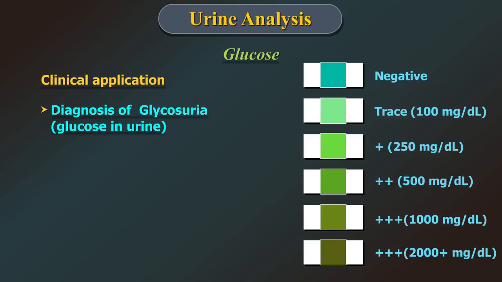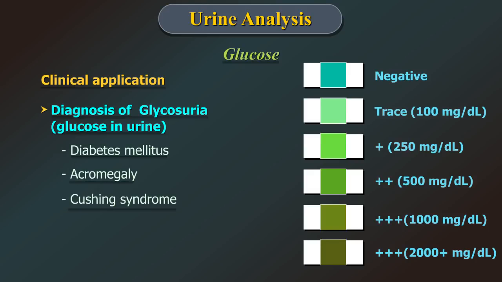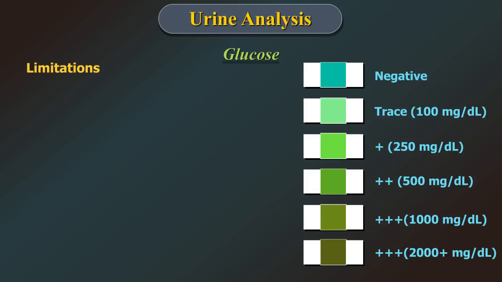The clinical application is for detecting glycosuria, as seen mainly in diabetes mellitus, endocrine disorders like acromegaly, Cushing's syndrome, and hyperadrenocortism.